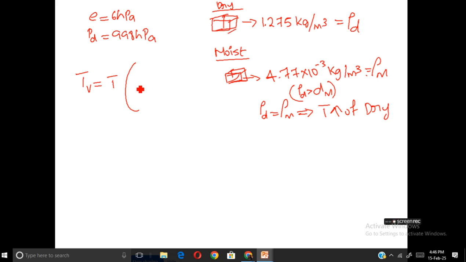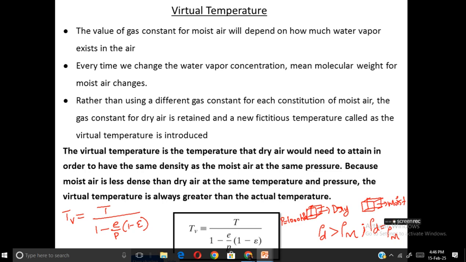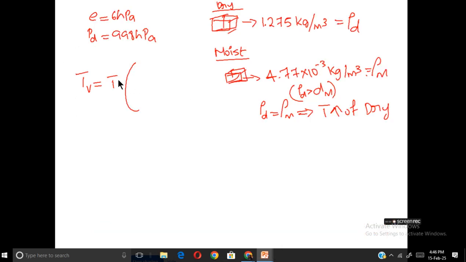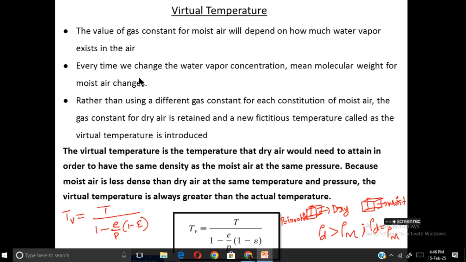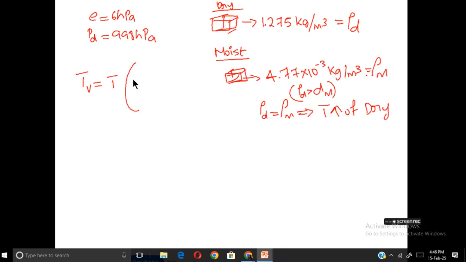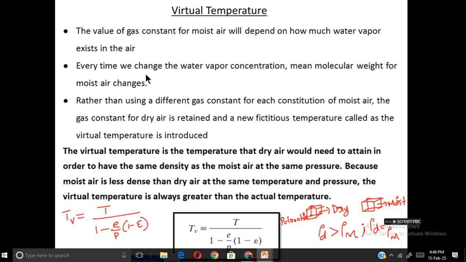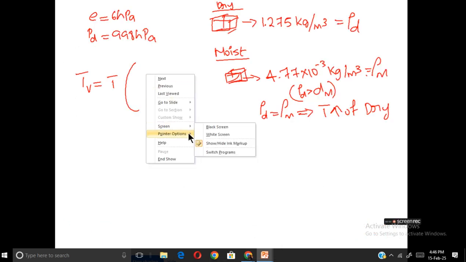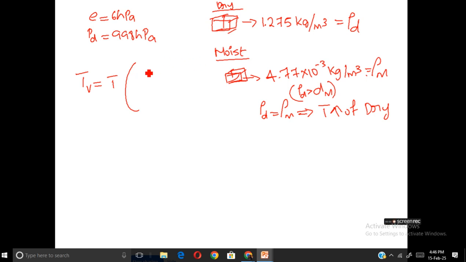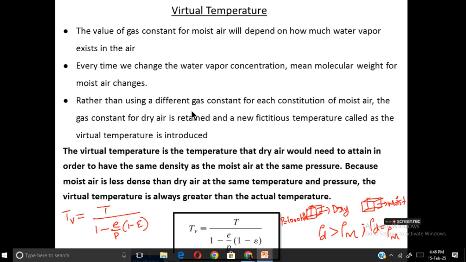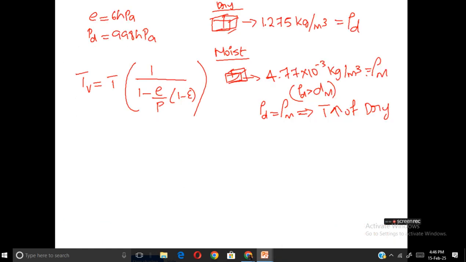TV is given by T into 1 by 1 minus E by P into 1 minus epsilon. This is the equation for virtual temperature.